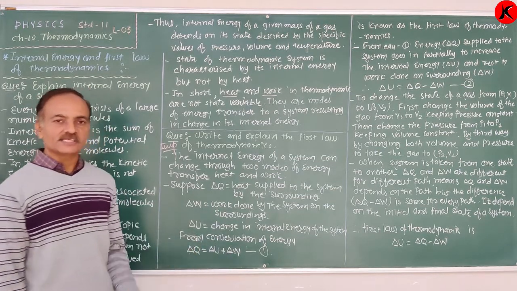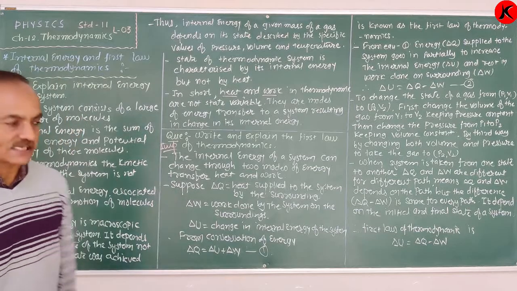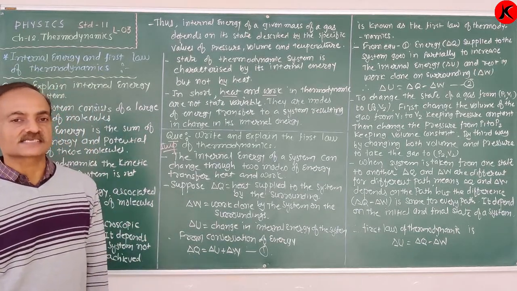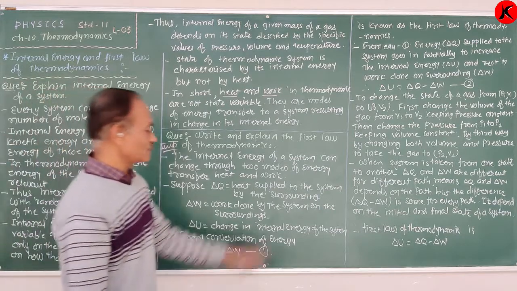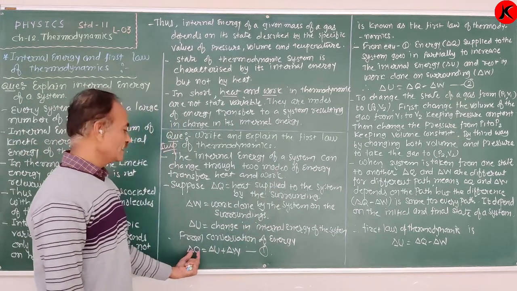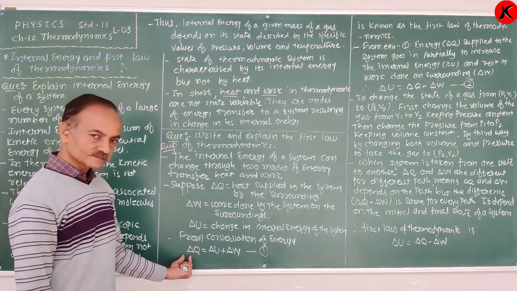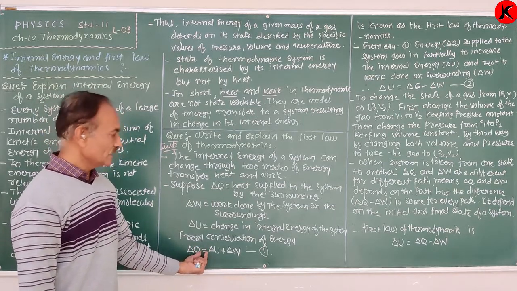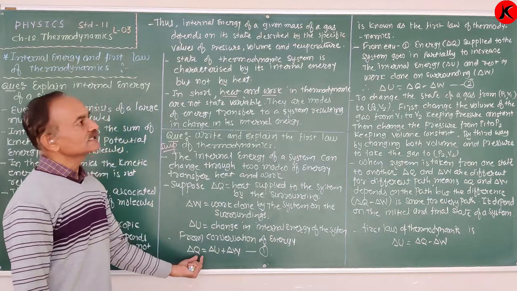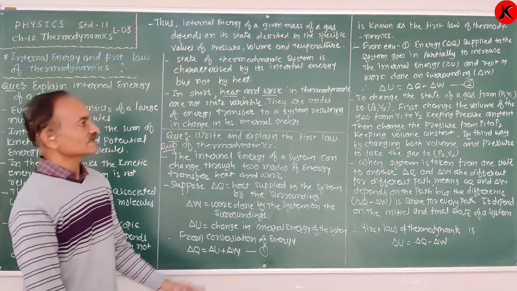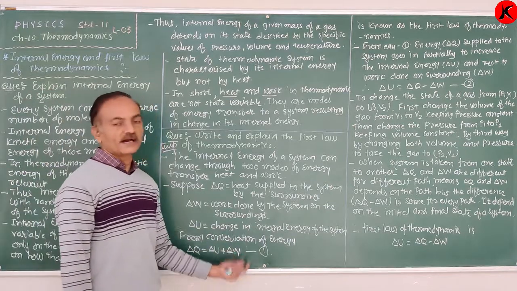How the internal energy of a system, or the state of a system, depends on the heat and work, we are going to discuss. For that purpose, from equation 1, the energy delta Q supplied to the system goes in partially to increase the internal energy delta U of the system and the rest in work done by the system.